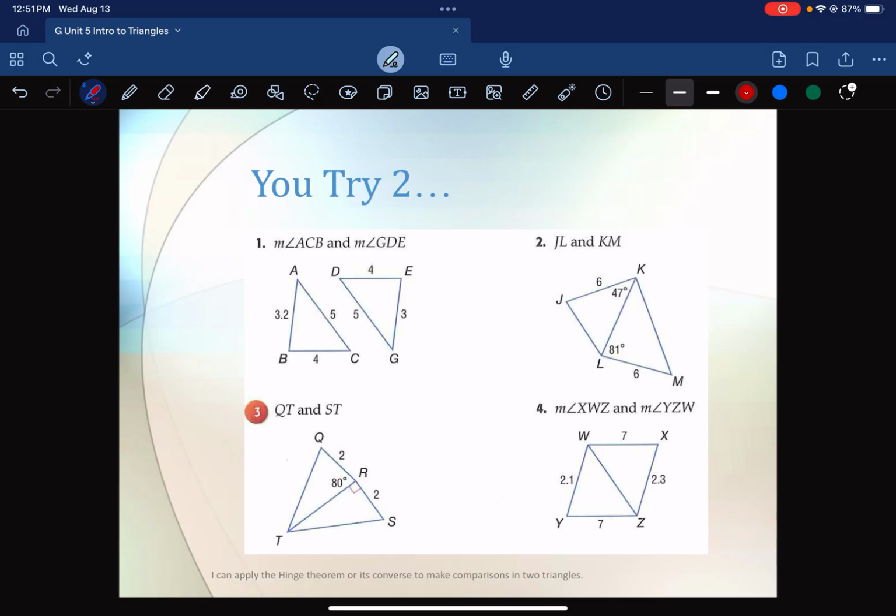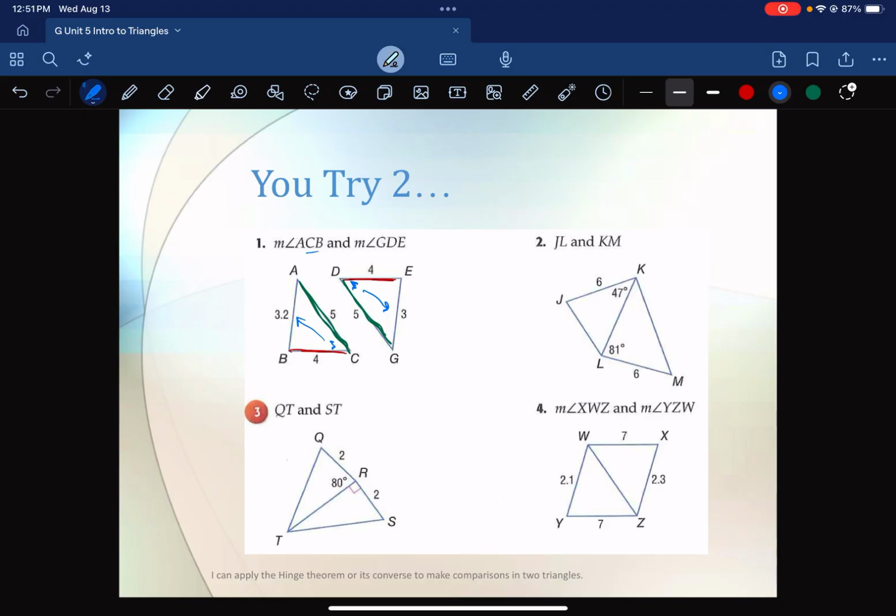So I've got 4s and 5s. And comparing these angles right here, well, this one's across from a 3 and this one's across from a 3.2.